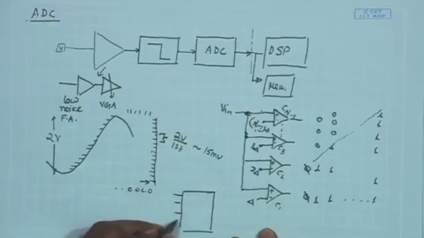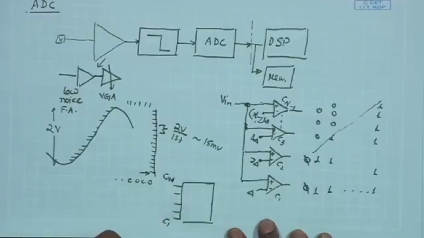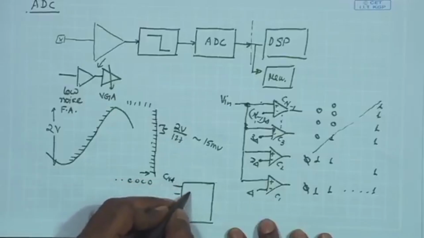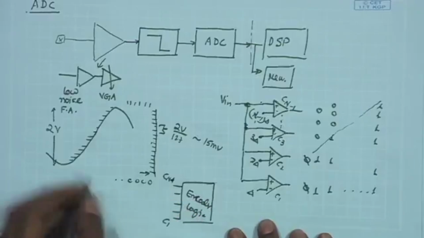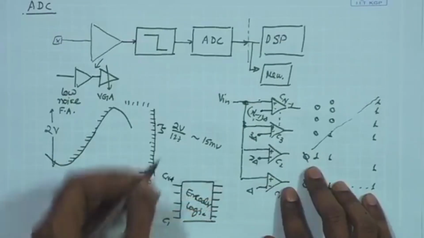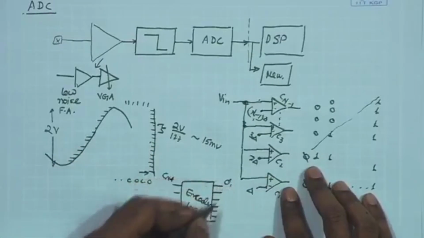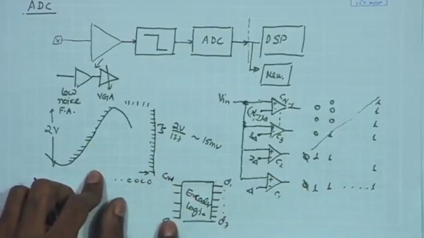So, you have outputs starting from C1 to Cn minus 1. So, these are Cn minus 1 inputs coming in, and there is a digital encoder logic, which is supposed to provide us our desired 7 bits, you can call it D1 to D7, corresponding to these n minus 1 inputs.